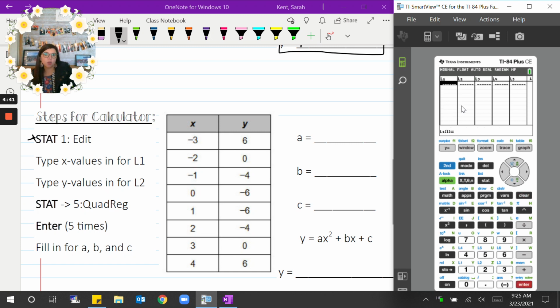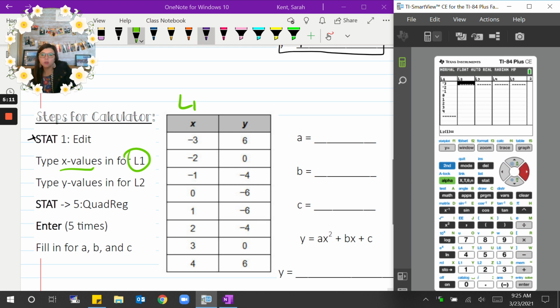Now all my numbers go away. Again, I want x values in L1. I'm going to start with -3, enter, -2, enter, -1, enter, 0, 1, 2, 3 and 4. Let's check: -3, -2, -1, 0, 1, 2, 3, 4.